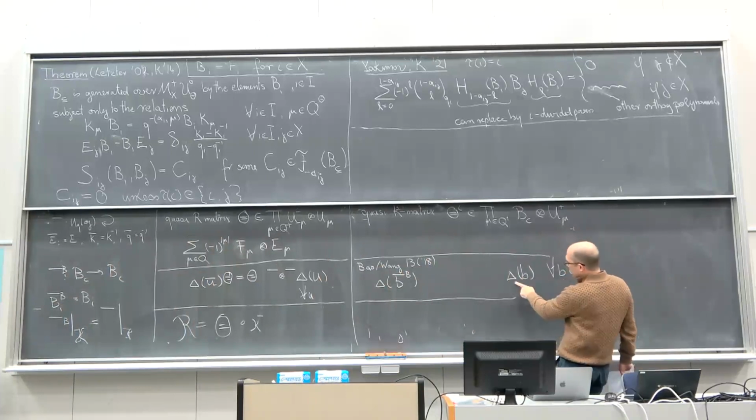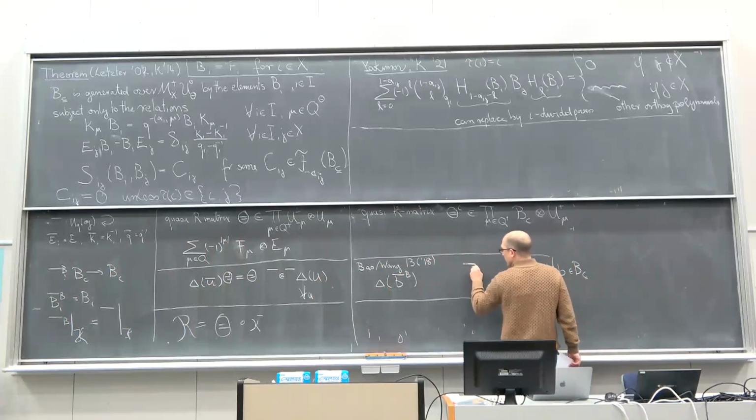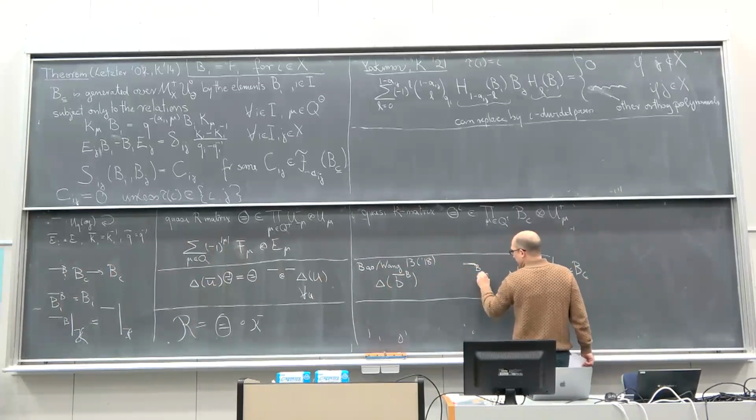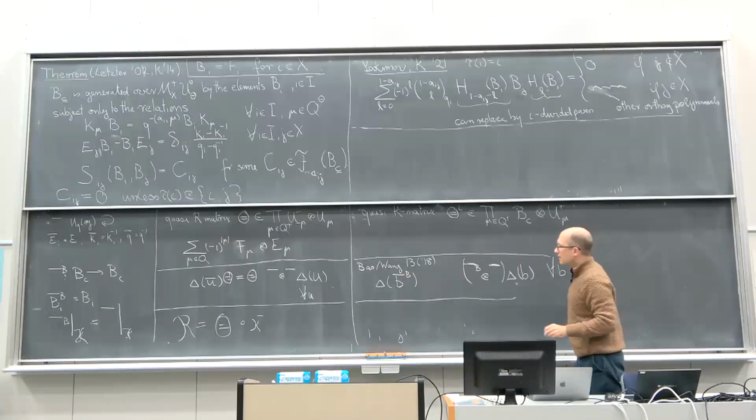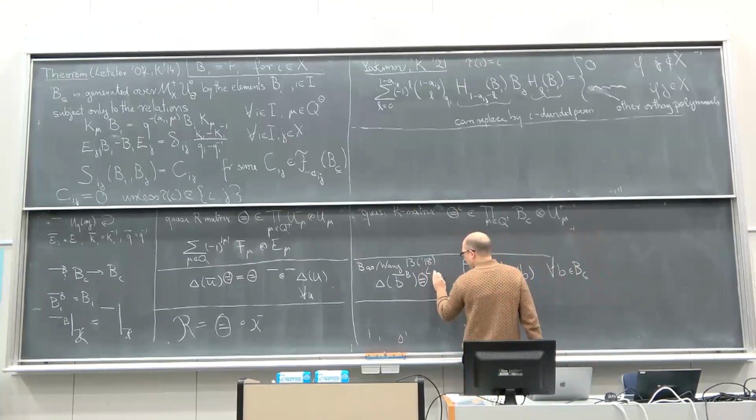And because it's a coideal, this lies in B tensor U, so I can apply bar_B tensor the usual bar to this. And I would like an intertwiner between these two things, and that is what this thing is supposed to be. Theta_I.